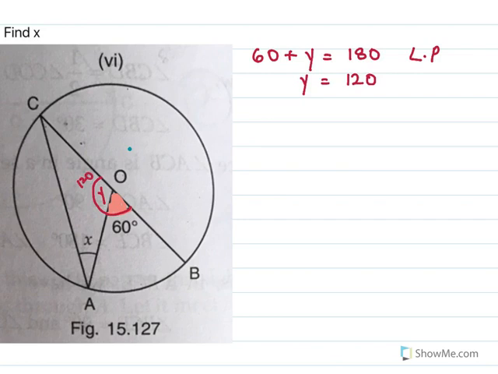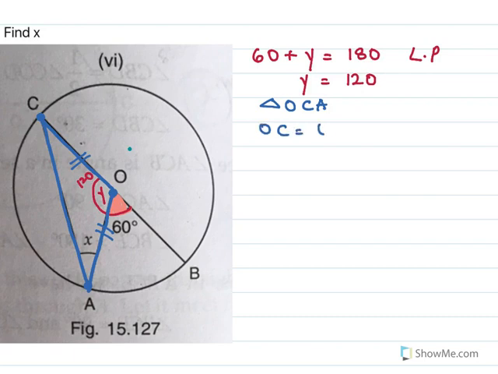Now for the next part, when I take up the triangle OCA, let's trace the triangle OCA. We have two sides equal. OC equal to OA, they are radii.